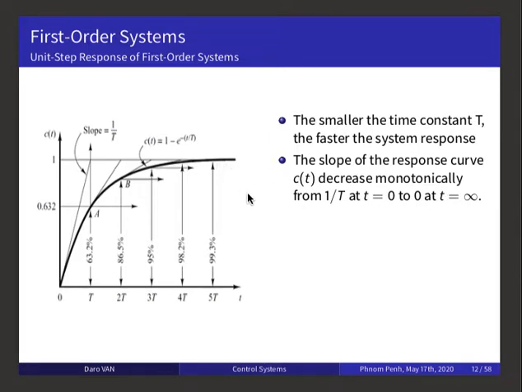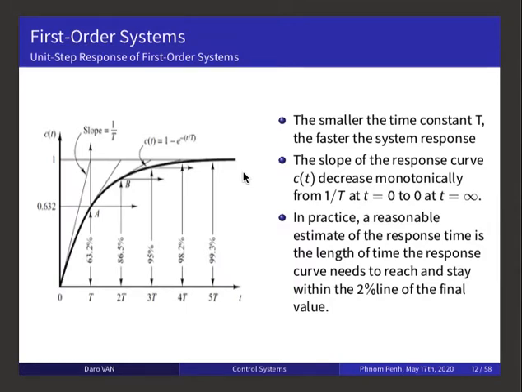Well, there's no such thing as infinity, but when time is large enough, the slope will be 0. In practice, a reasonable estimate of the response time is the length of time the response curve needs to reach and stay within 2% of the final value.